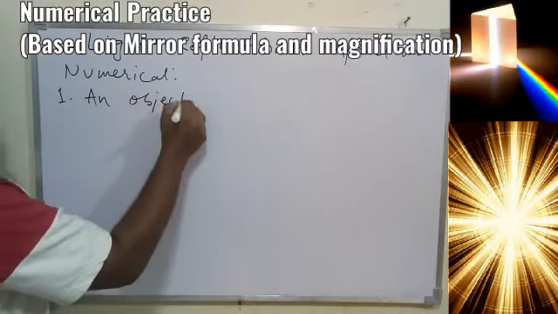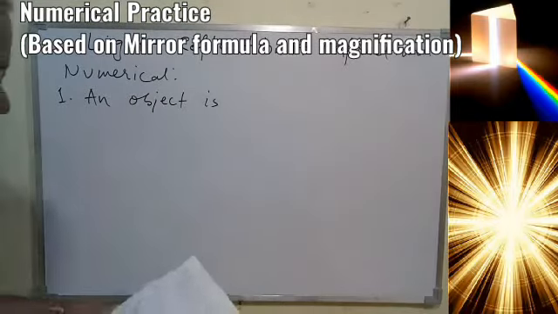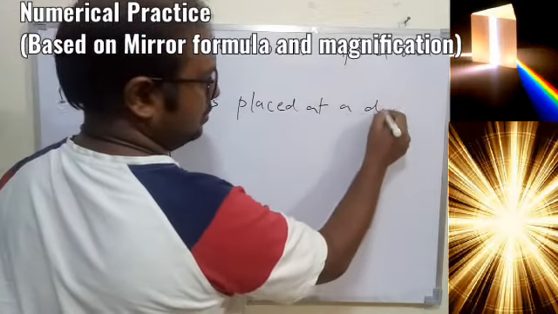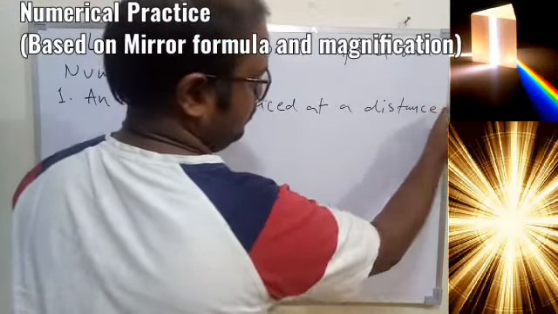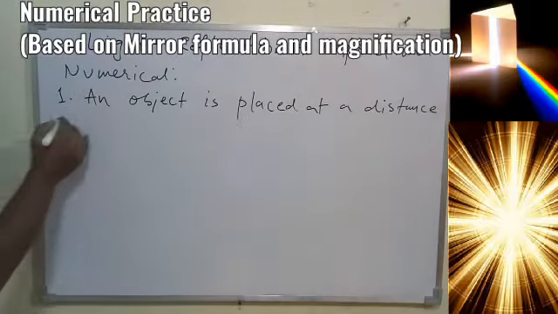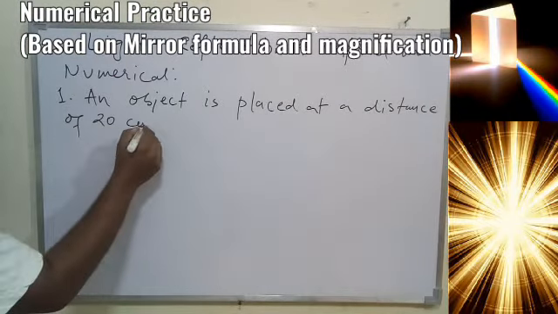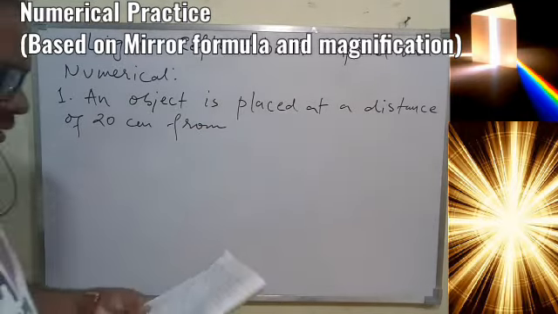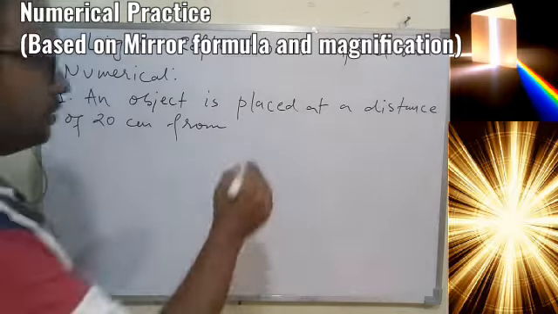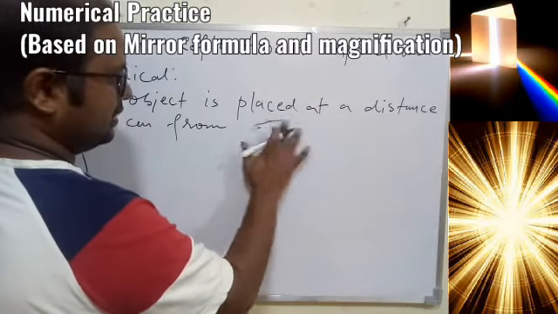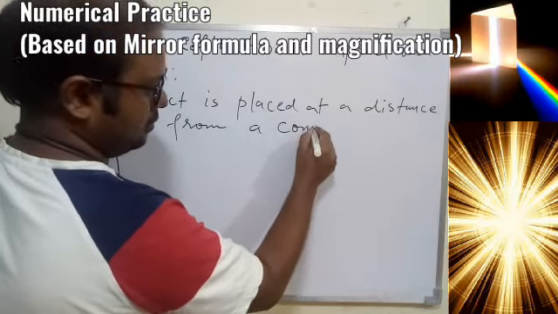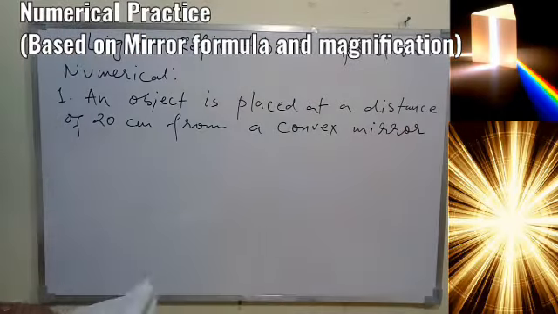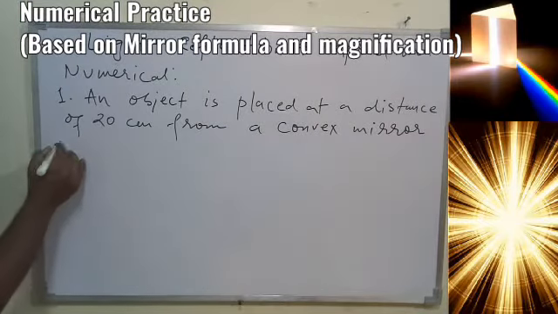An object is placed at a distance of 20 centimeter from a convex mirror of radius of curvature.